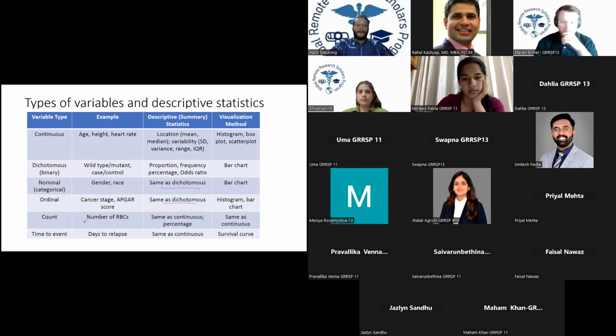For count variables, which are quantitative variables, we use the same as continuous. We use the mean, the median, standard deviation, interquartile range, and the visualization methods or graphics that we can build are the same as continuous.